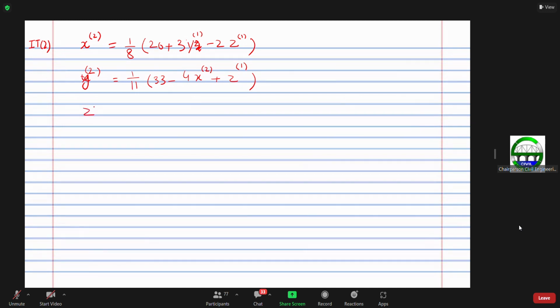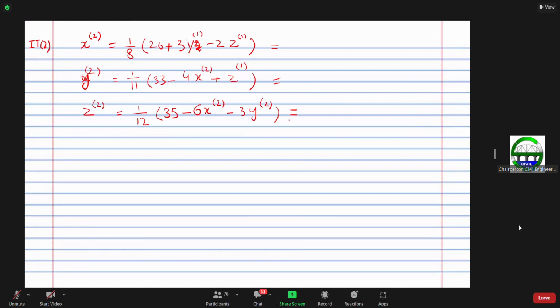And then z2 will be equal to 1 by 12, 35 minus 6x in iteration 2 minus 3y in iteration 2. And these are the values.